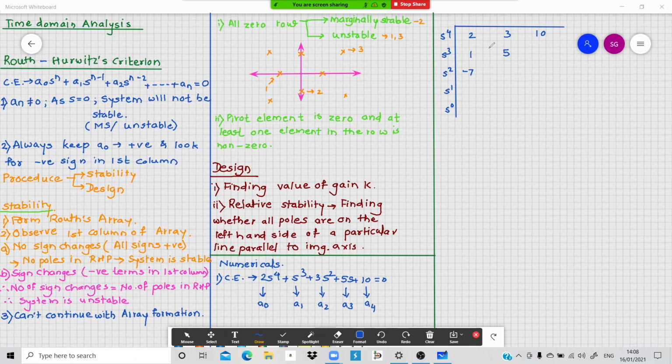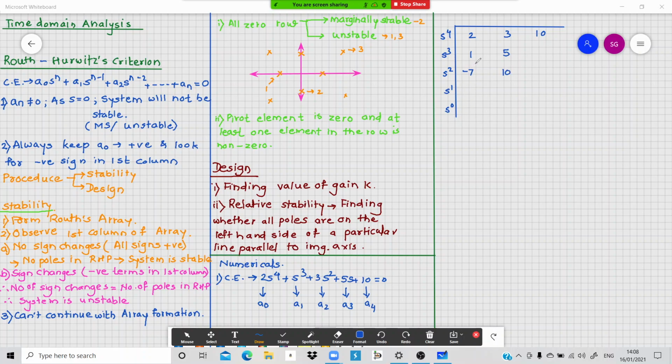Keep in your mind 3 elements, 2 elements, 2 more elements. Now over here it will be 1 into 10, 2 into nothing, so 2 into 0, divided by 1, this pivot element. So the value that you are going to get will be 10. Now the next two only have 1 1 values.